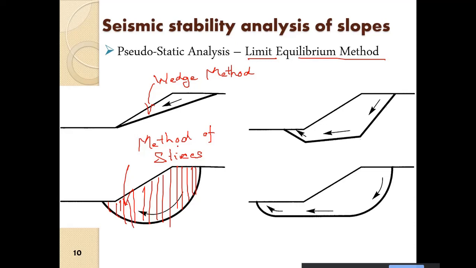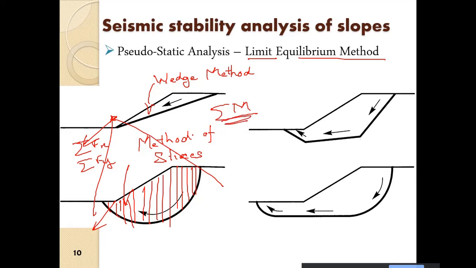Then we sum the forces in the x direction, sum the forces in the y direction, and sum the moments in the z direction, about maybe this axis here, which is the failure axis. Whatever the destabilizing moments are we sum, and whatever the stabilizing moments are we sum. That gives the factor of safety against moments. Similarly, for the forces we do the same thing.